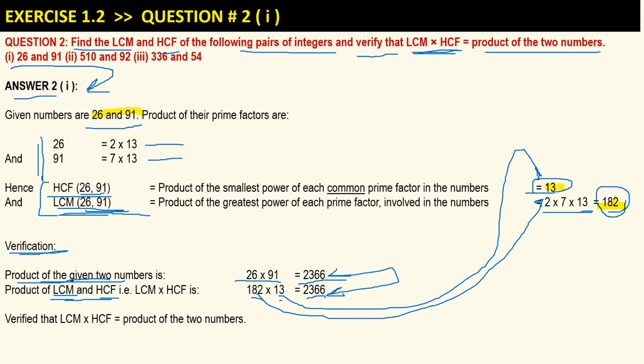What it says is that the product of the given two numbers, which is 2366, is equal to the product of the LCM and HCF, 2366. So hence we have verified it. Let me repeat: LCM and HCF when multiplied give the product of the two numbers.